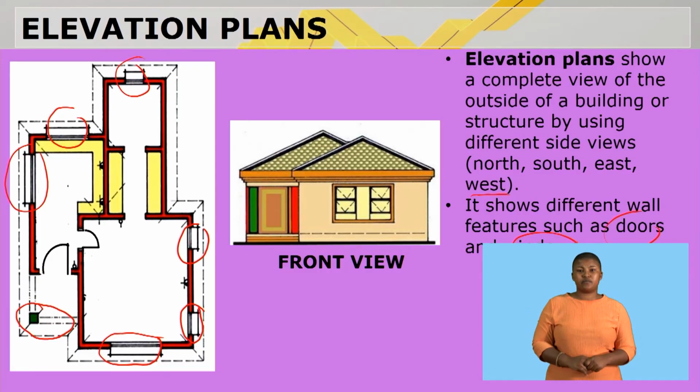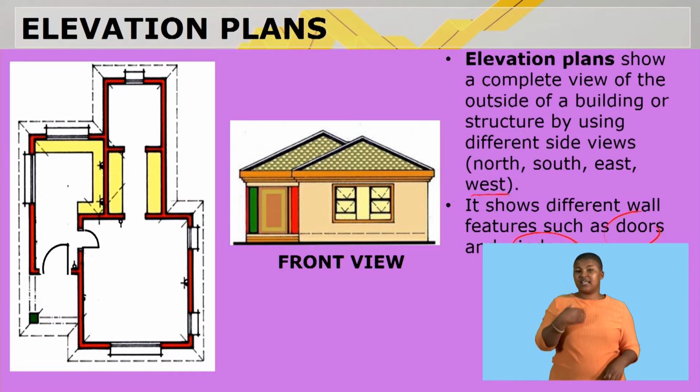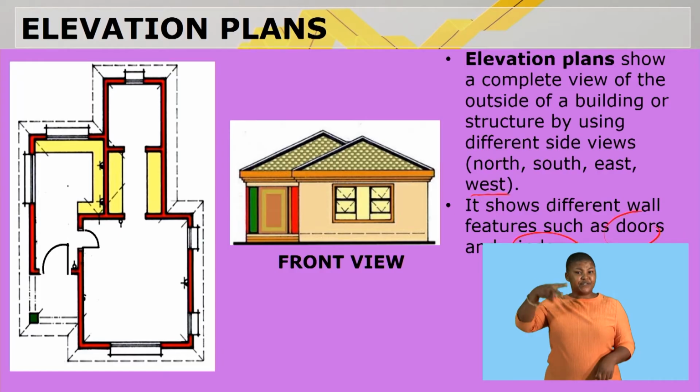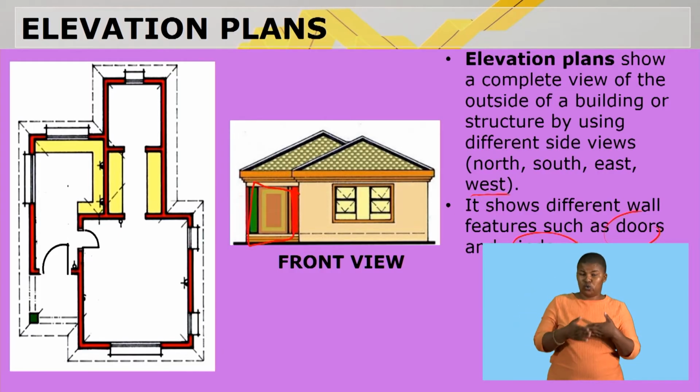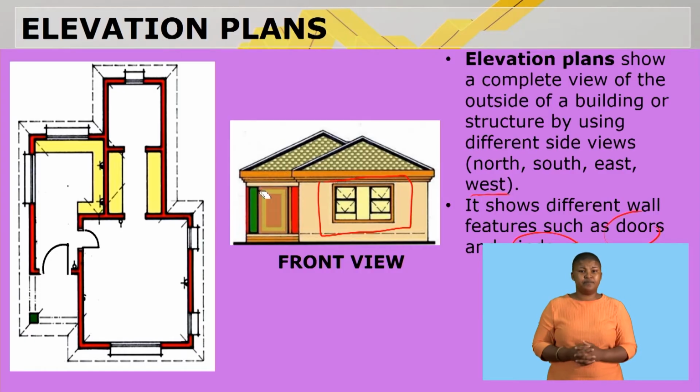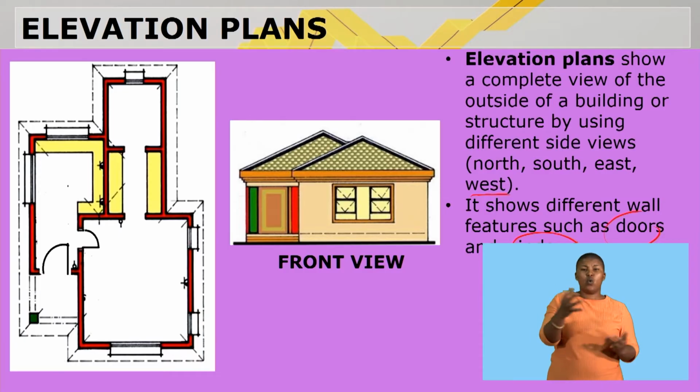Now let's look at this. If they give us the front view of the house, here it is. What do we see? We see the door and a window. So if we go to the map, where do we see just a door and a window?